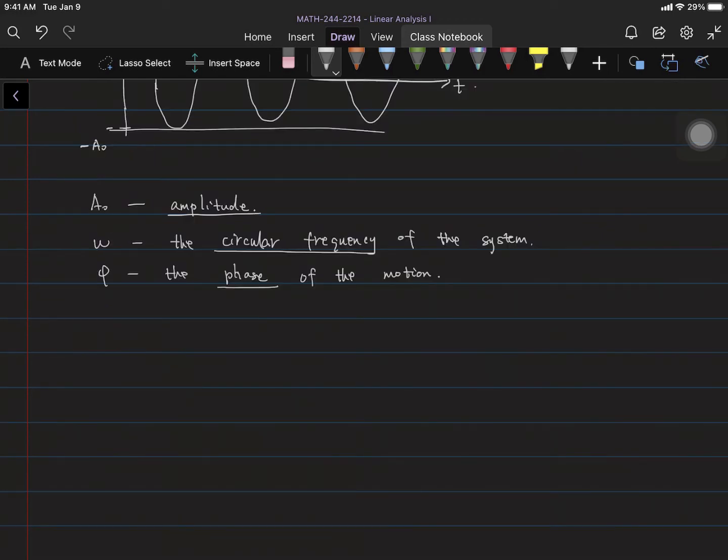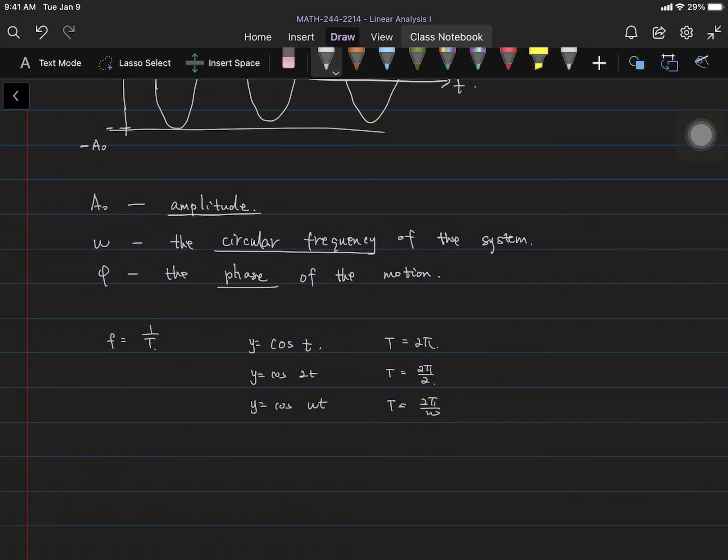Okay, what's the meaning of frequency? We know frequency equals 1 over T, right? And what is T? T is the period. For example, if we have the function y equals cosine t, what is the period? T is 2 pi, right? If we say cosine 2t, we know T equals 2 pi over 2. So for y equals cosine omega t, T equals 2 pi over omega.